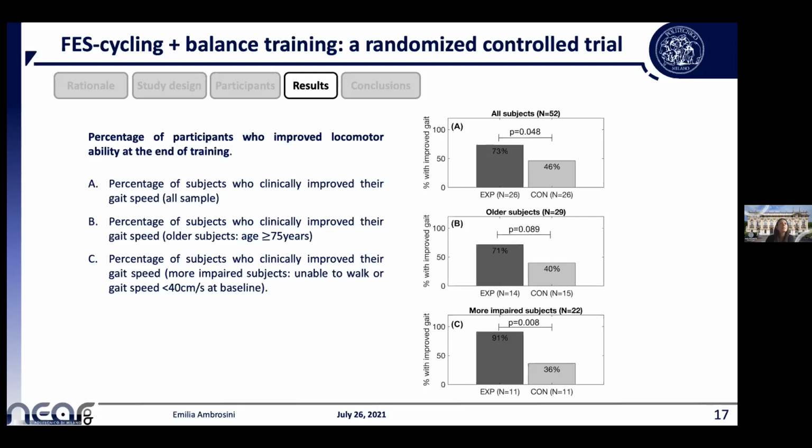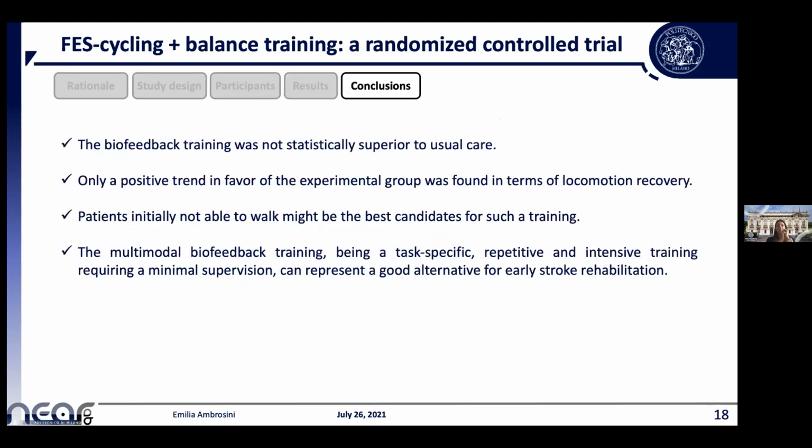Okay, I go ahead. So to conclude this first study that I'm presenting to you, what we obtained is that our biofeedback multimodal training was not statistically superior to usual care. We found just a positive trend in favor of the experimental group in terms of locomotion recovery.